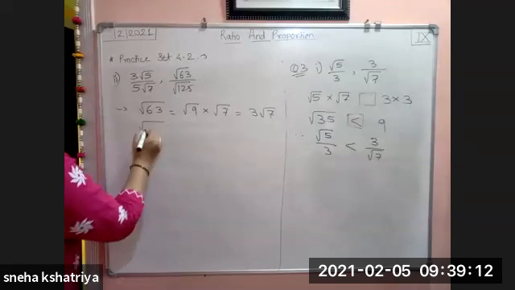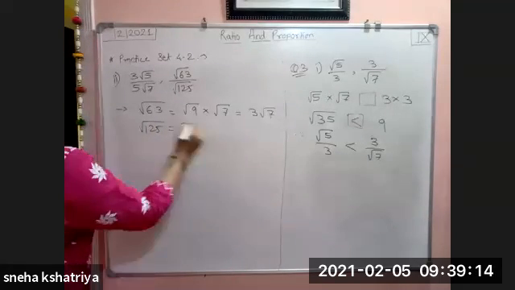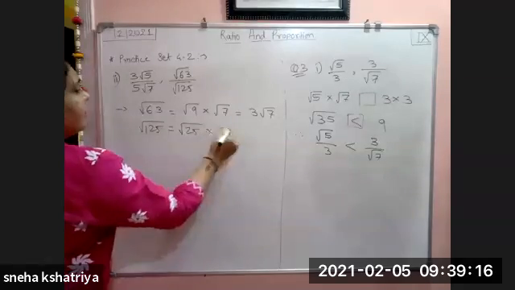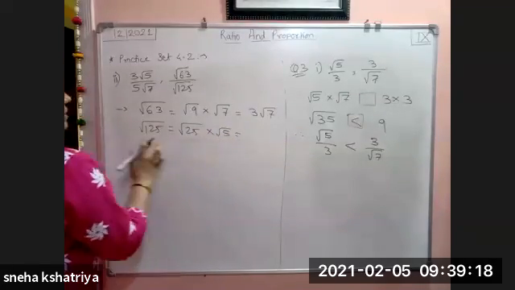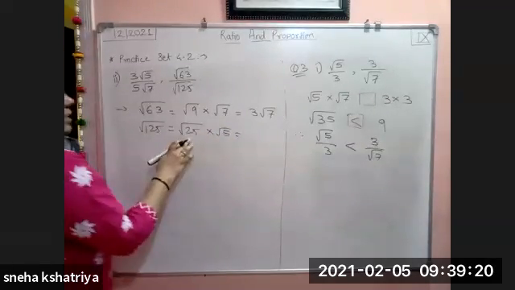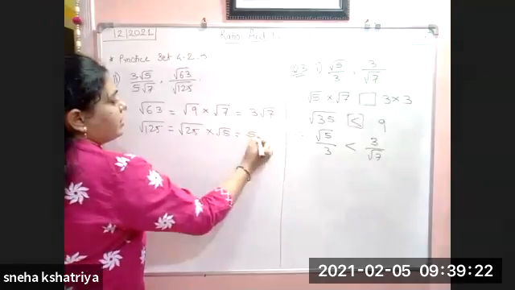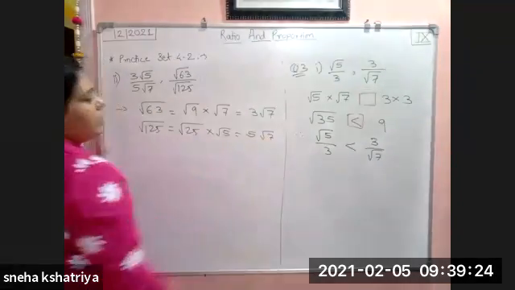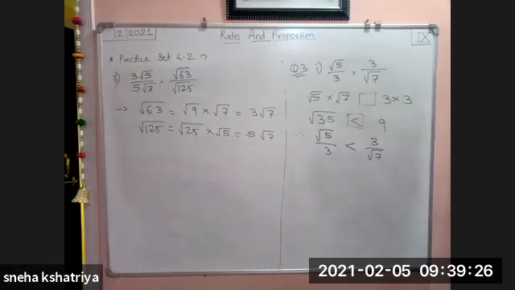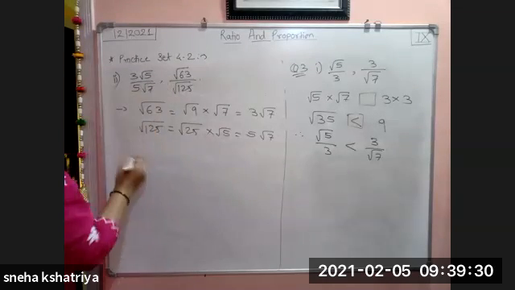And 125 is 25 fives are 125, and 25 is a perfect square, so it comes outside: 5 root 5. Now put these values in the given question.